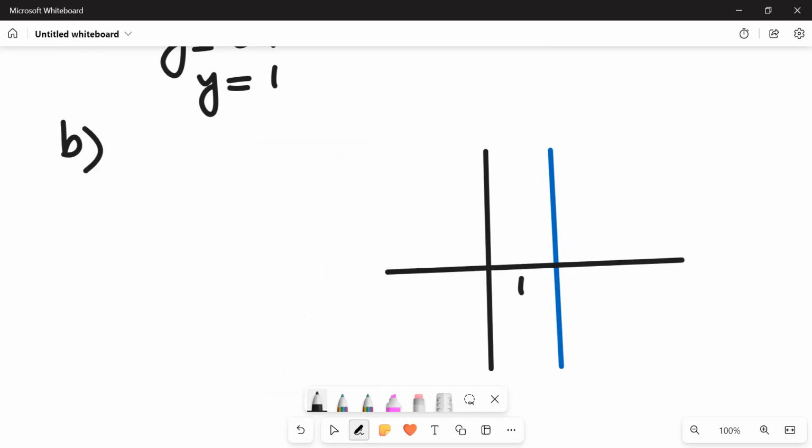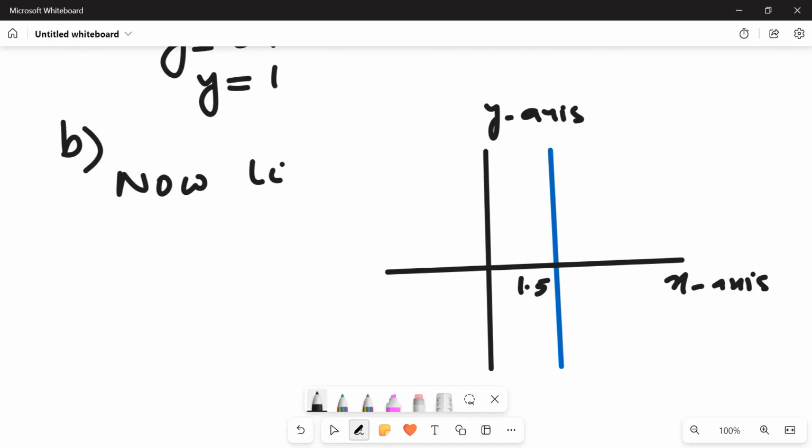This point is 1.5. Because this line is parallel to the y-axis, this one is the x-axis and this one is the y-axis, so x is 1.5.